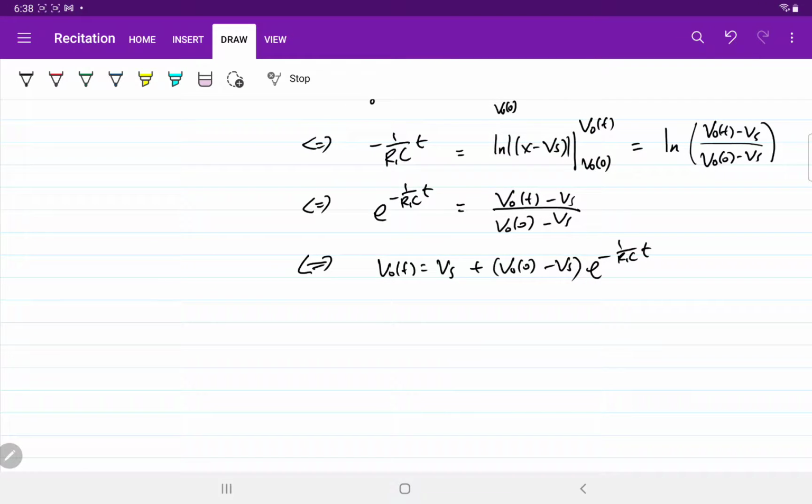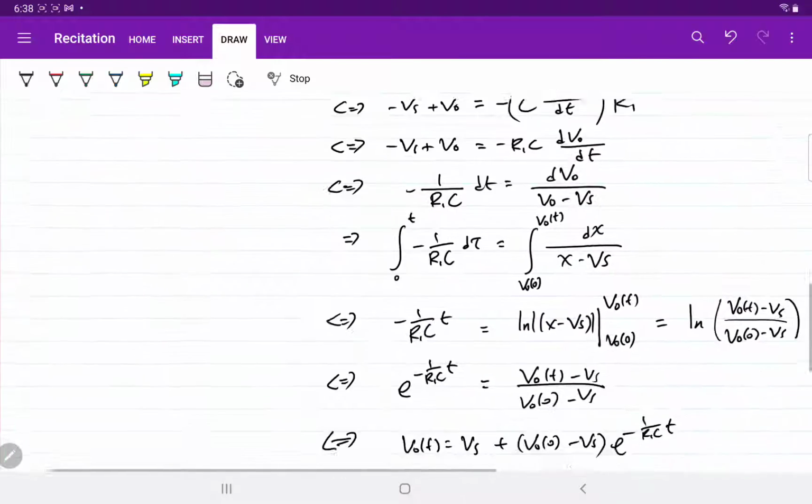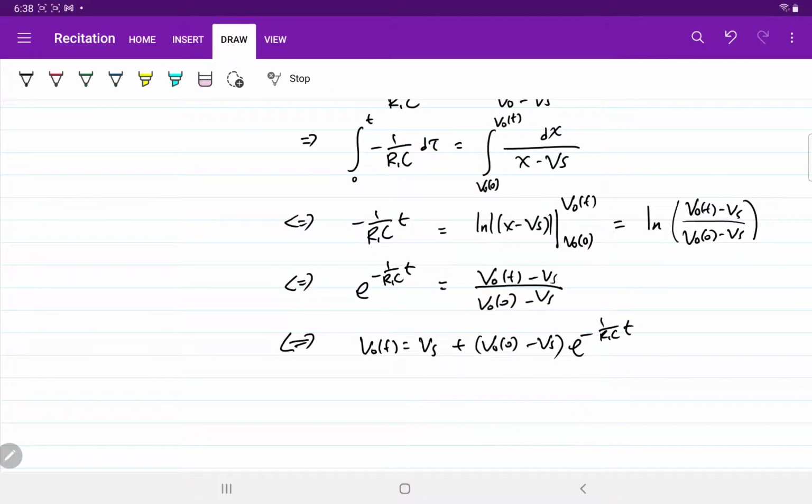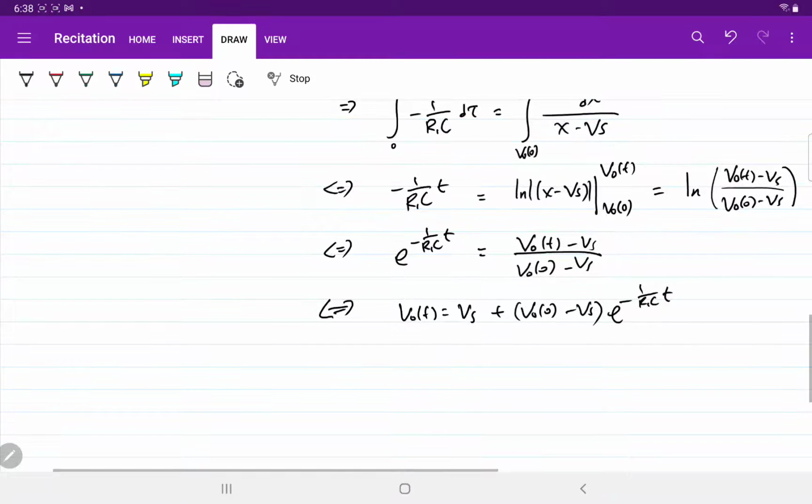Now, what is Vs? We know that Vs is 400 volts, V0(0) is 0, and we can plug in R1C to get 1 over R1C is actually 100.